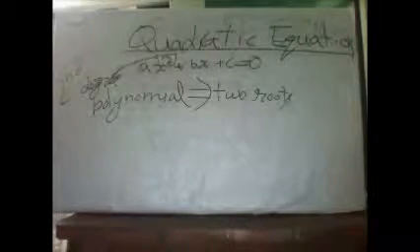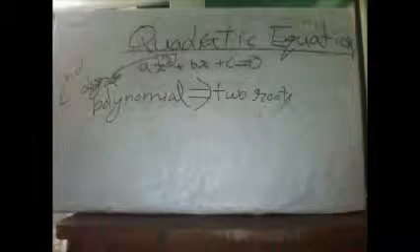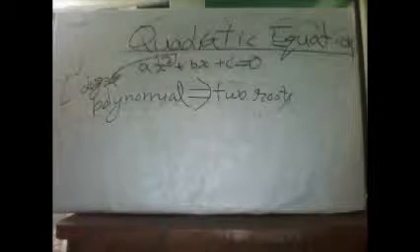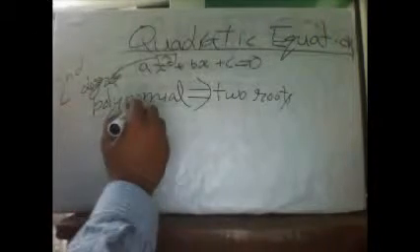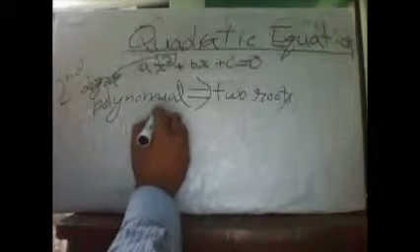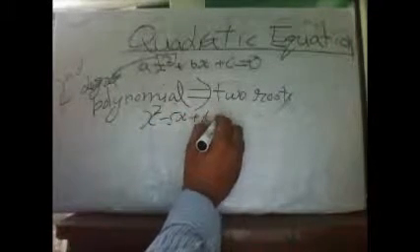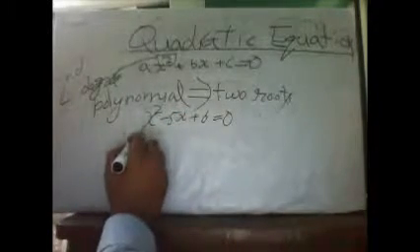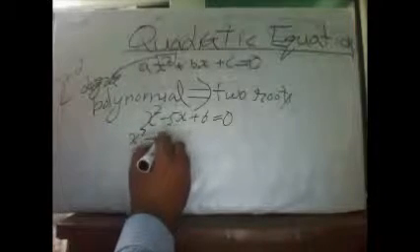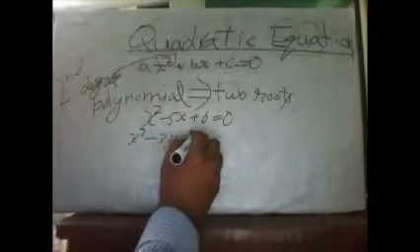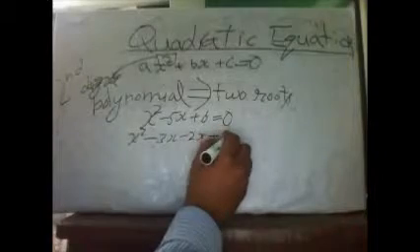Now, the most basic method to solve a quadratic equation is by observation and factorization. To learn that method, let us take an example: x square minus 5x plus 6 is equal to 0. Let us break the 5x into 3x and 2x, plus 6 is equal to 0.